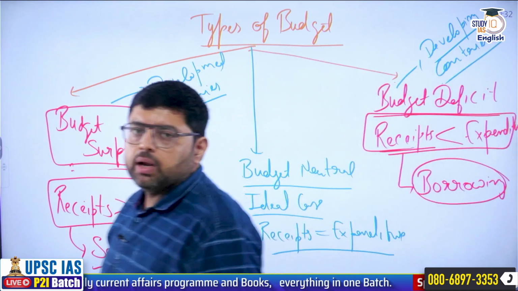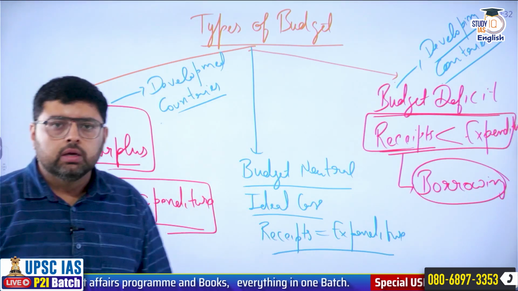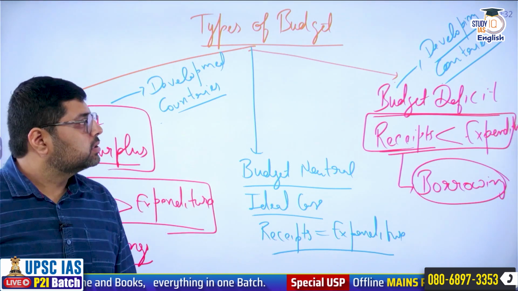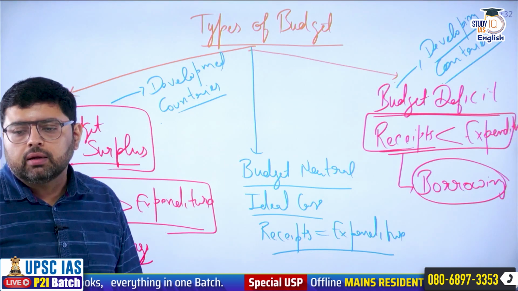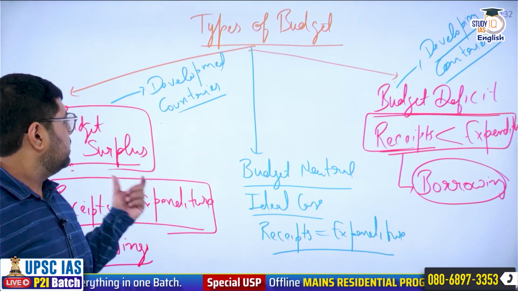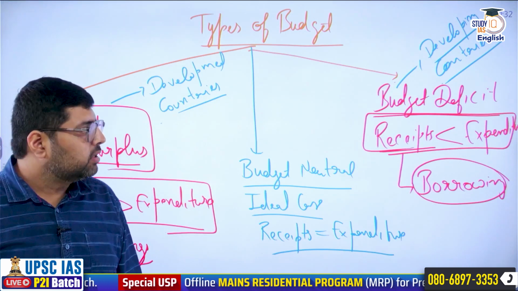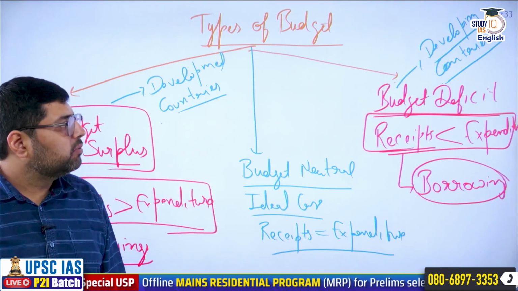So developed countries have budget surplus, whereas developing countries have budget deficit. In our case, we have budget deficit.